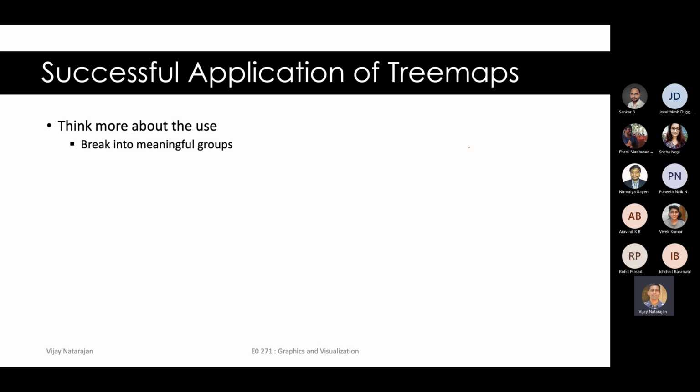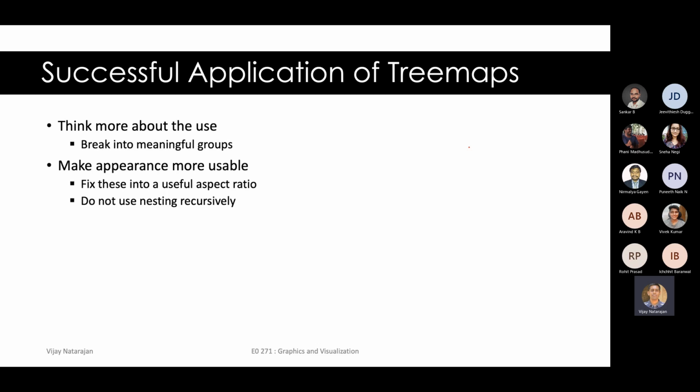So the future attempts were based on a more careful analysis of the application of tree maps. You typically want to break your tree into meaningful subtrees, and you want to highlight them, so you want some kind of meaningful groups. You want the appearance to be usable in the sense that you should be able to compare the size of objects, which means it will be good if many of them have similar, if not the same, aspect ratio.